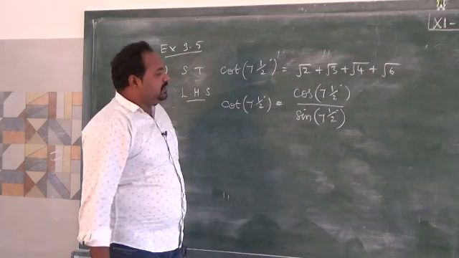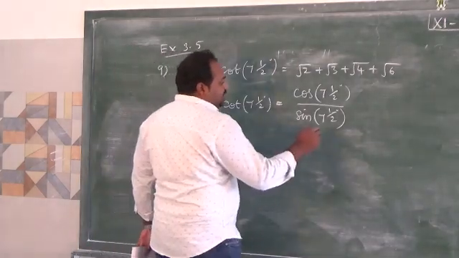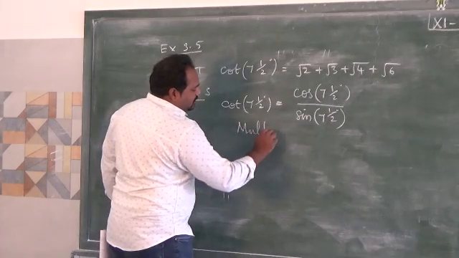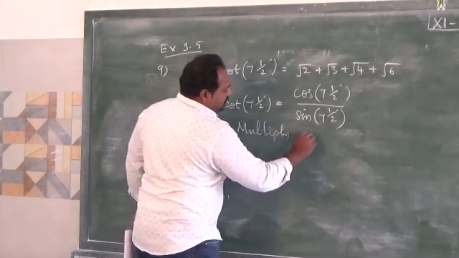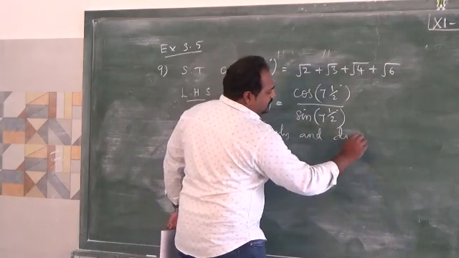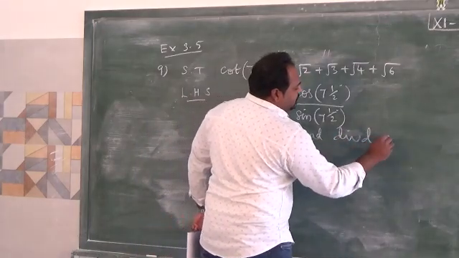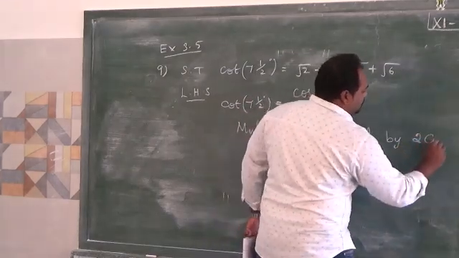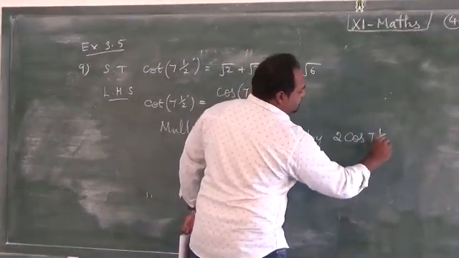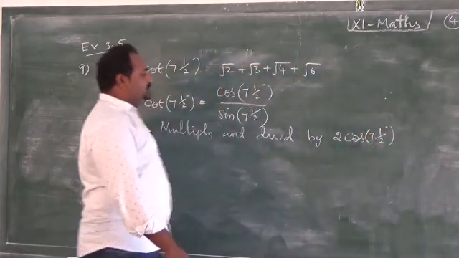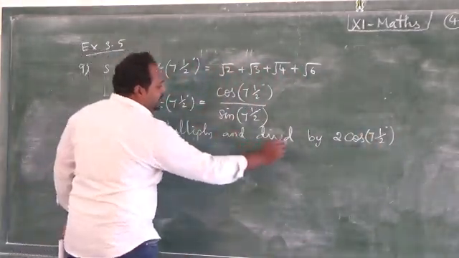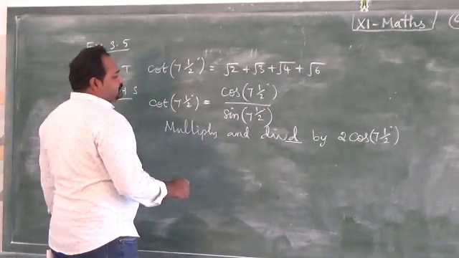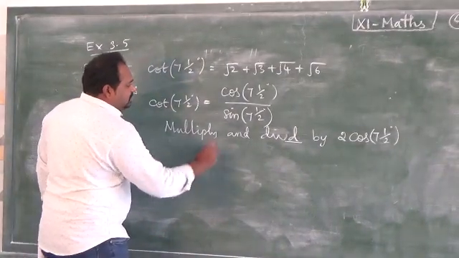After that, I am going to multiply and divide by 2 cos 7.5 degree in the numerator and denominator. What will happen?